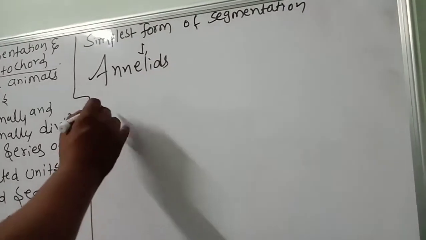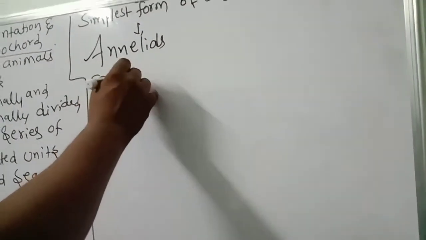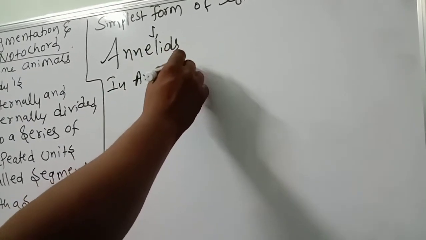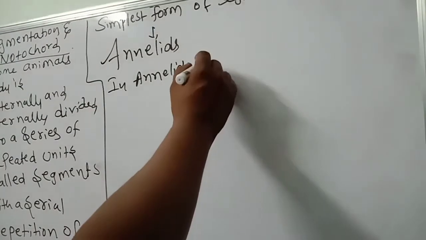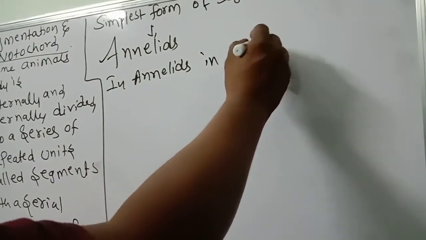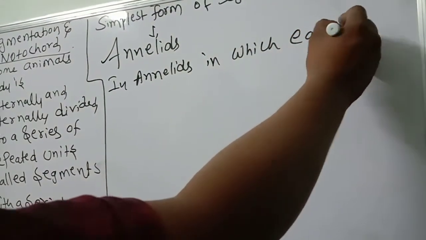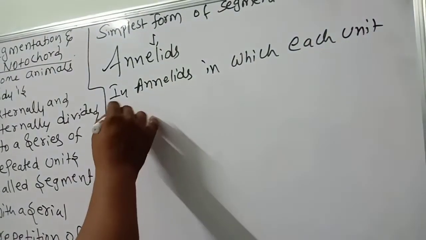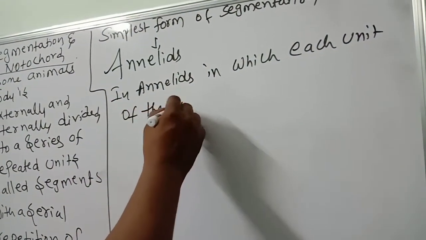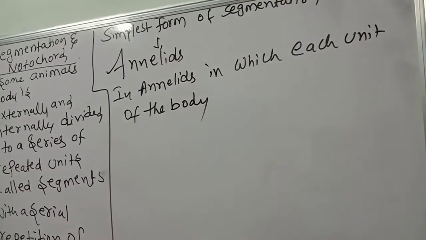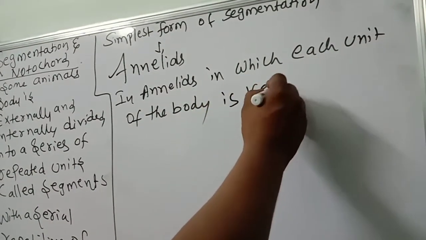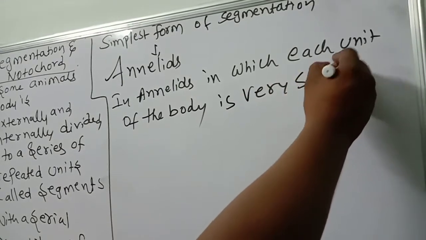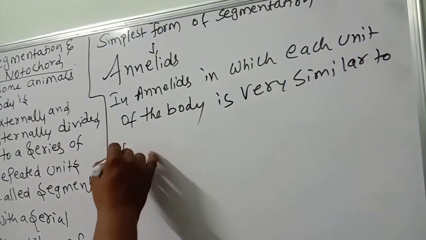In annelids, each unit of the body is very similar to the next one.